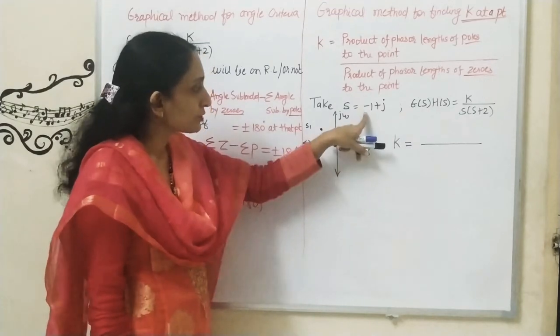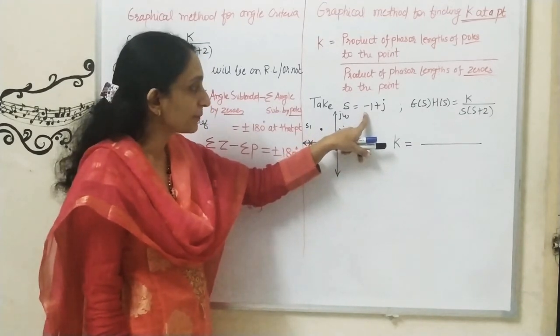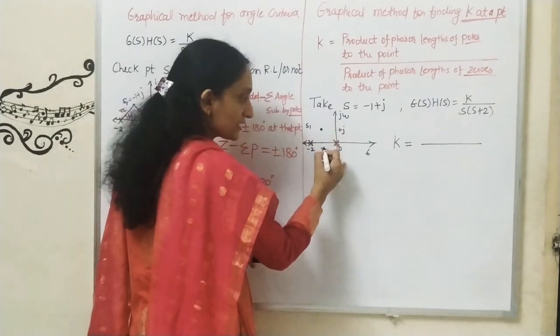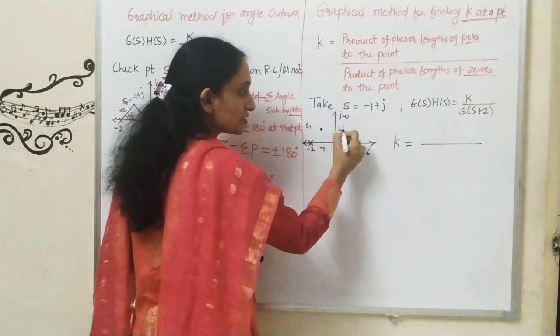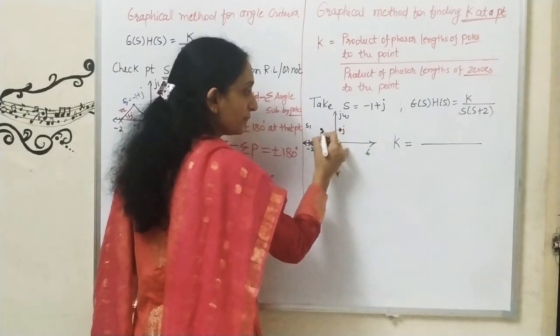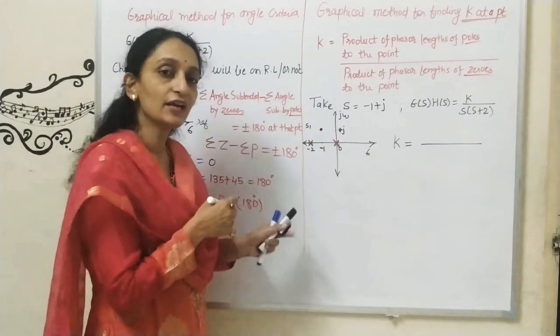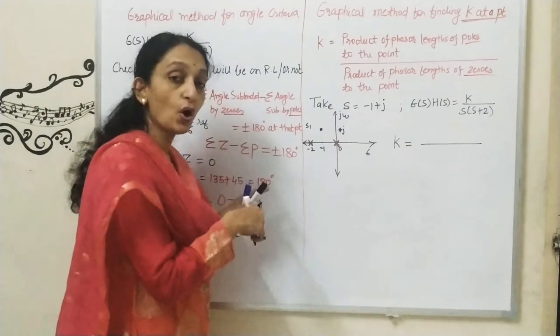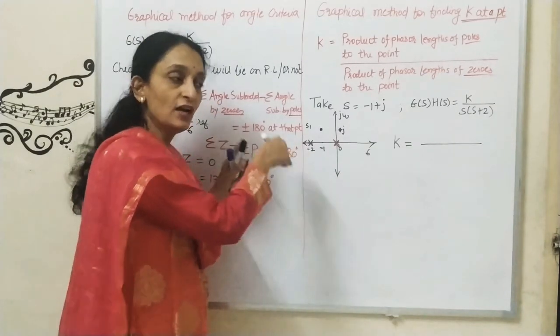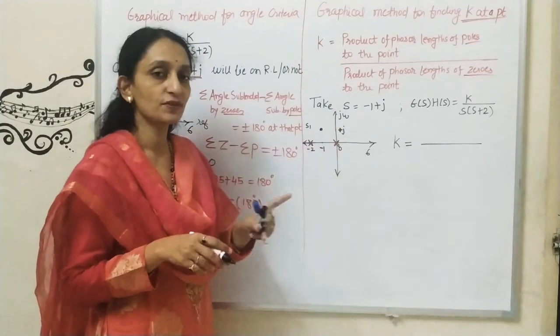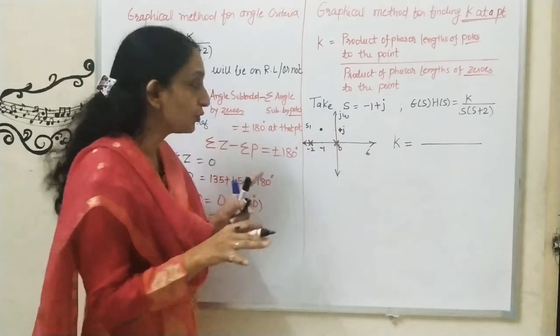So what point am I considering? I am considering the point S is equal to -1 plus j. Again the same thing: -1 is the real part and plus j is the imaginary part. So this is my point. Again I will do the same thing. I will join all the poles with the given point and all the zeros with the given point. But in this transfer function, as zeros are not there, there is no need to show.